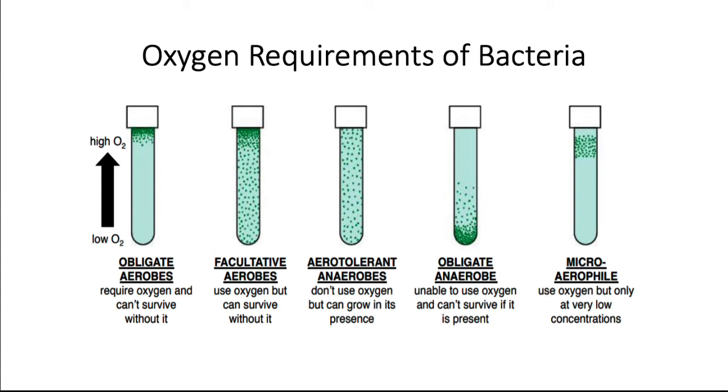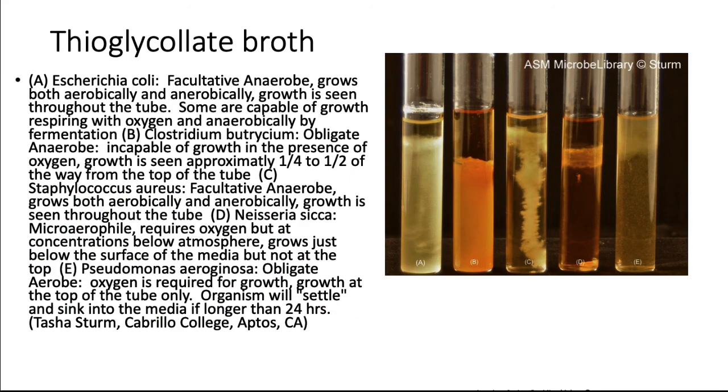So remember, facultative anaerobes are going to grow everywhere, but they tend to be more prevalent closer to the oxygen. It is a little bit harder to see in this picture, but there is a little bit more growth, especially when you look at tube A. There's a little bit more growth closer to the top than to the rest.